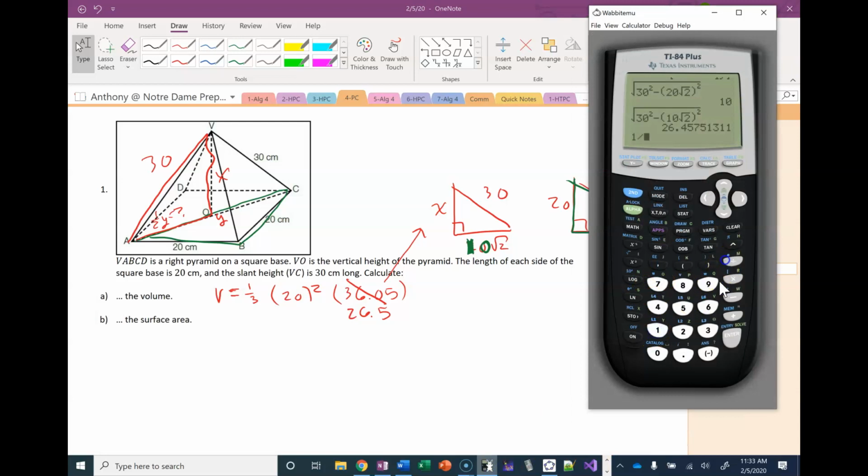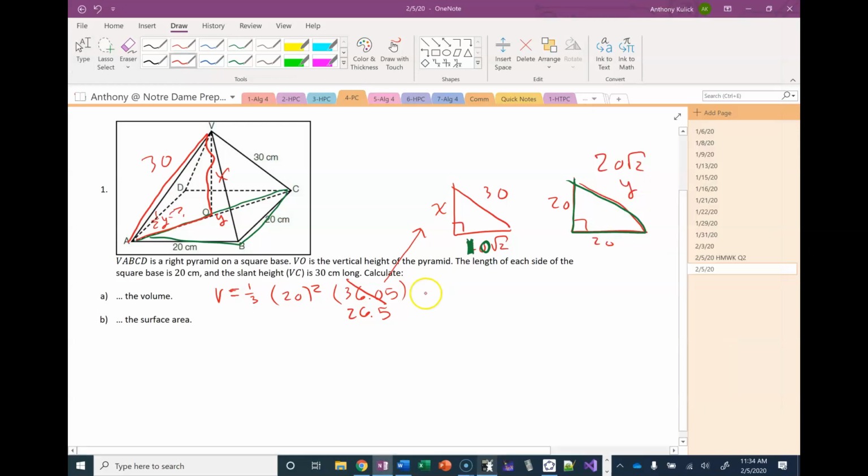So we have 1/3 times 20 squared times that guy, which gives us 3527.7, which is the answer that we're looking for. 3527.68 centimeters cubed. Okay, we're good there? Okay.